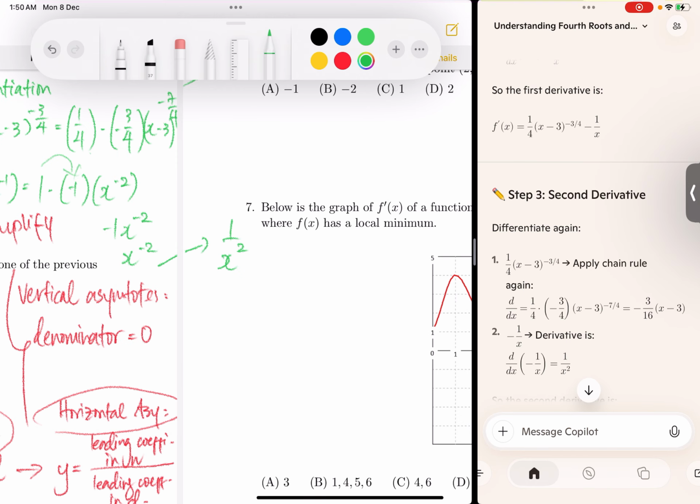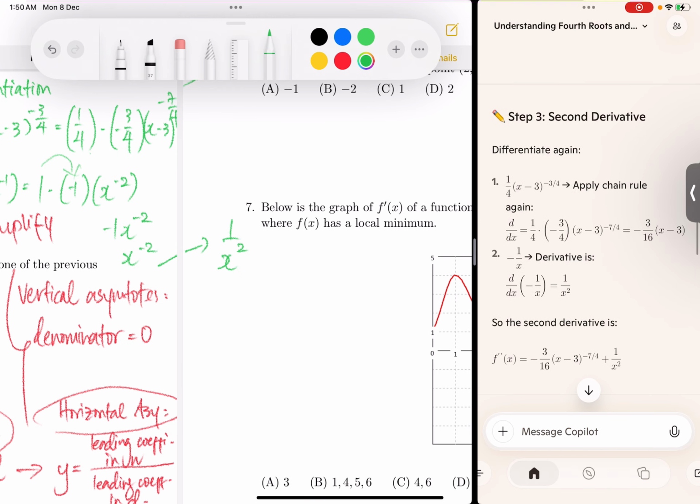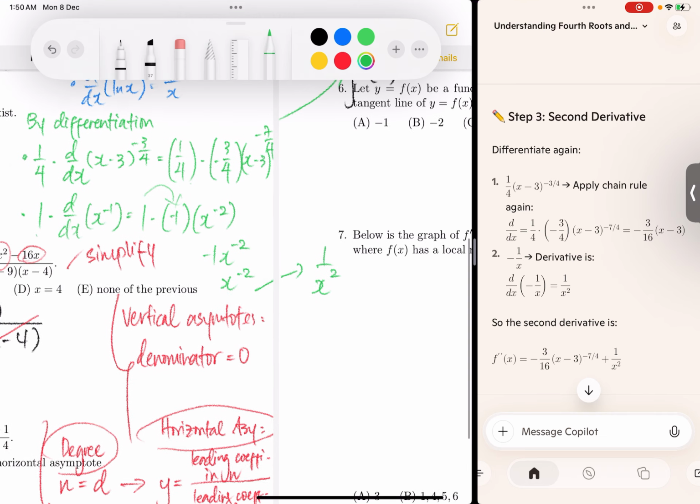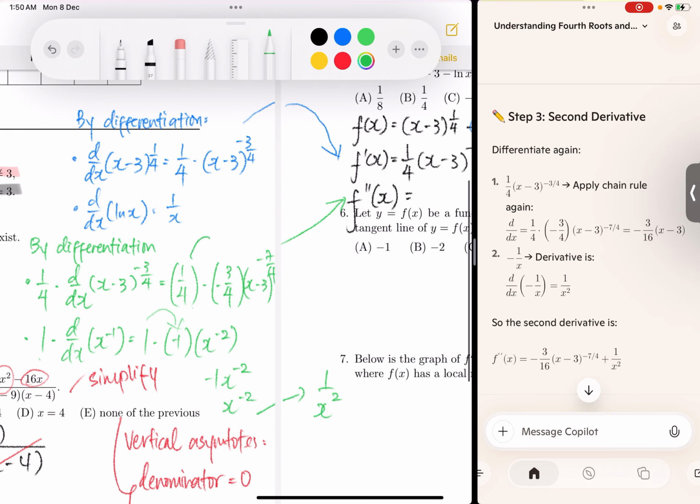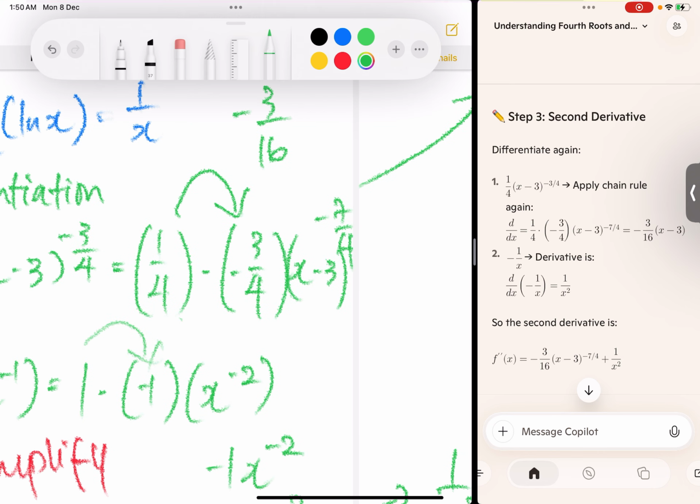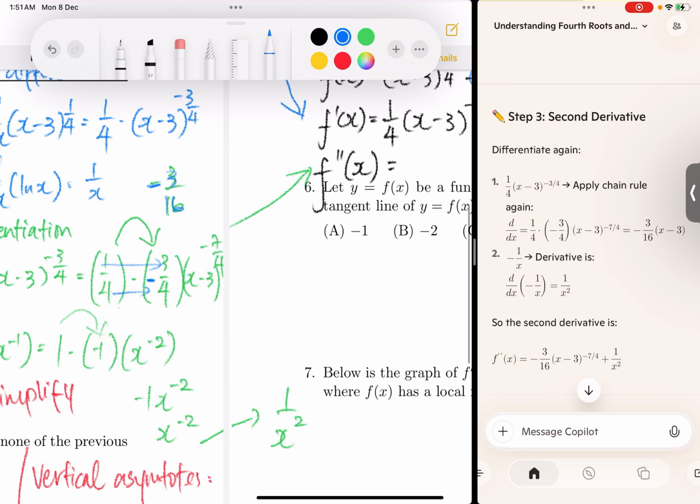And then we found that, so now we find the second derivative, which is these 2 together. If we multiplied it, it will become negative 3/16. So the way we multiply it is 3 times 1 is 3, and since it's negative, there's negative here, and then 4 times 4 is 16, so it'll become 3 over 16.